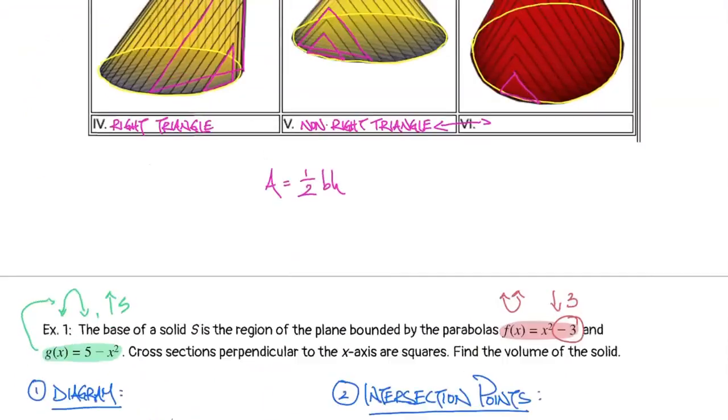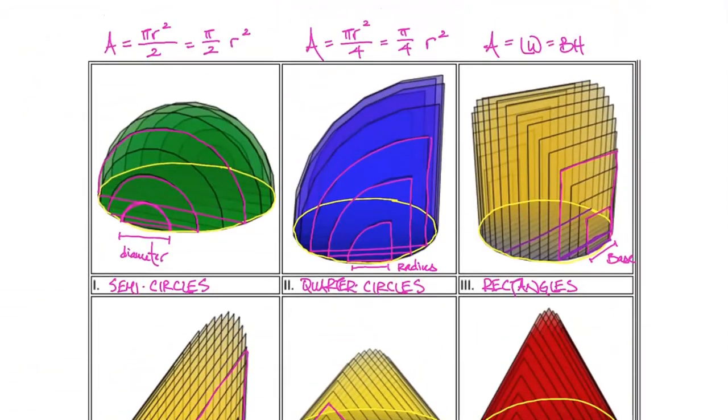So let's say that we had a picture like this, right? And I found the volume of like half of it. So I took this shape and I cut it in half and I found half of that volume. How could I find the whole volume without finding the other half?